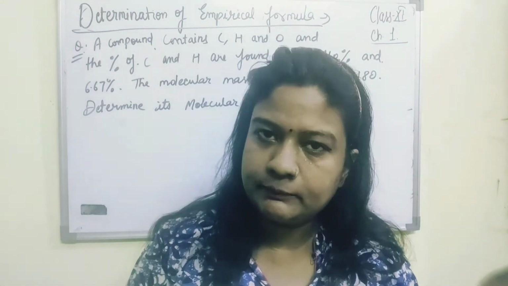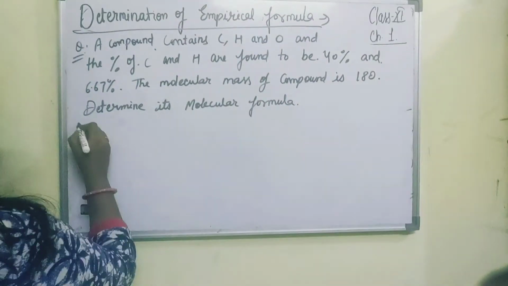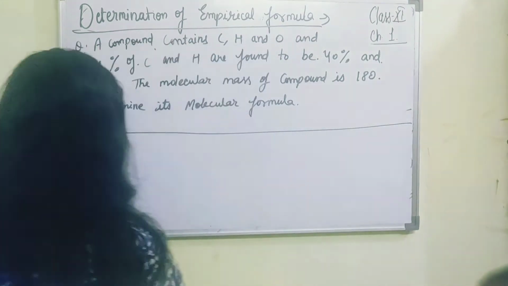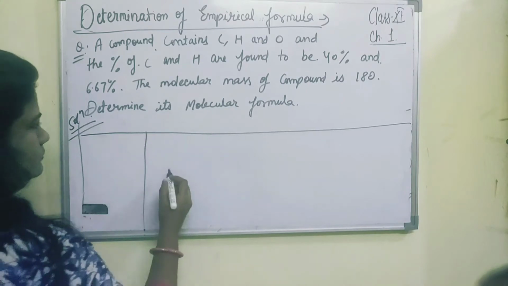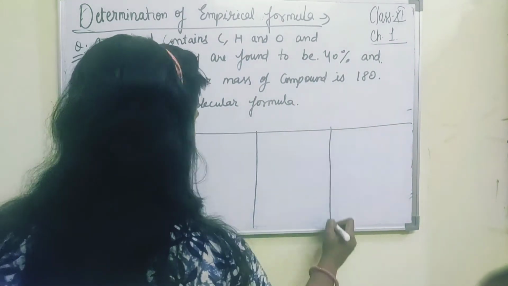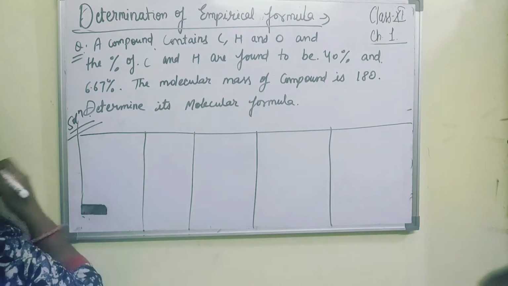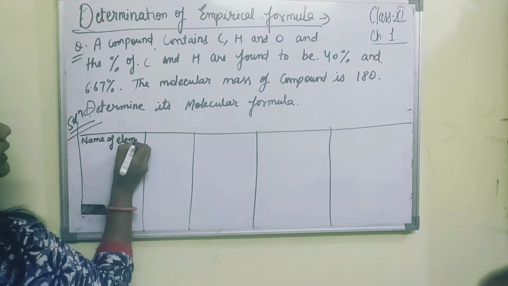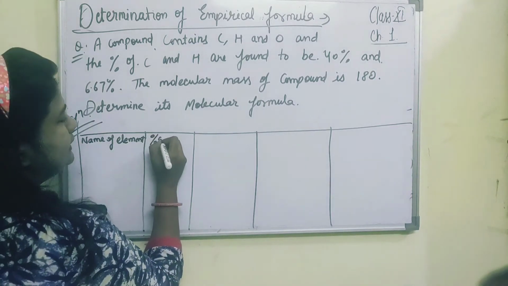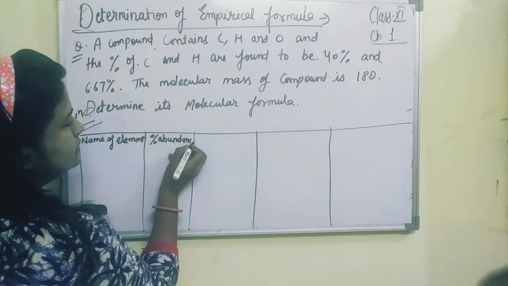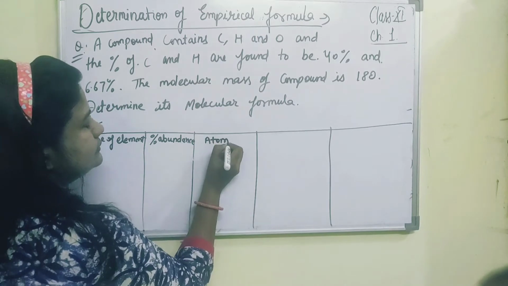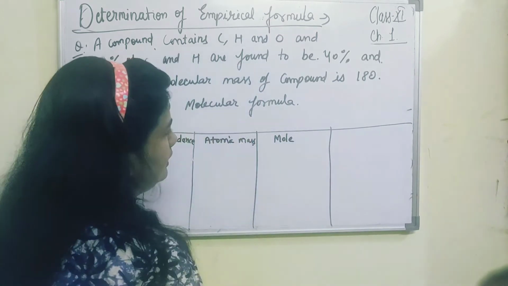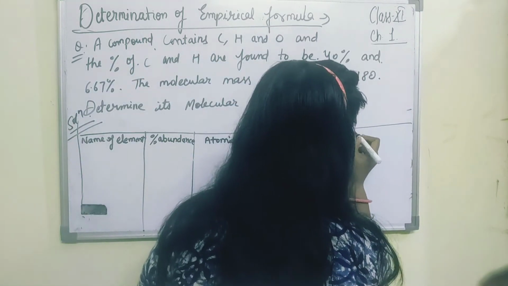First of all, we will make a table for this question. Solution. In first block we will write the name of element, then percentage abundance, then atomic mass, then mole, and simple ratio.